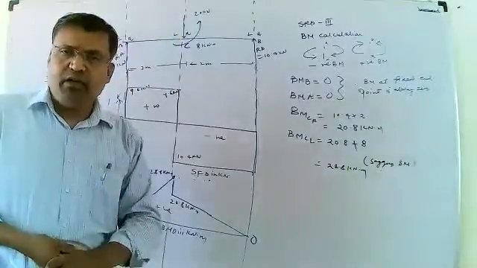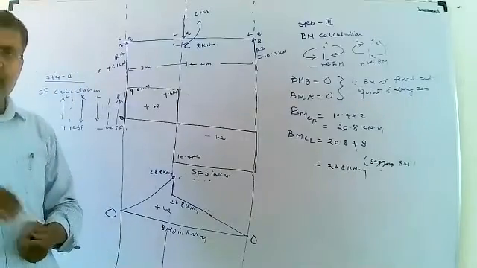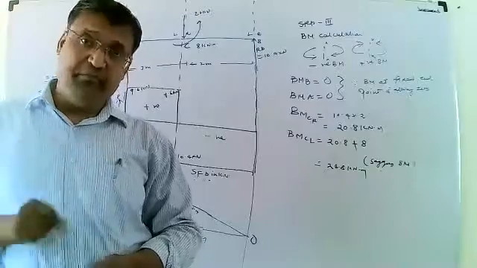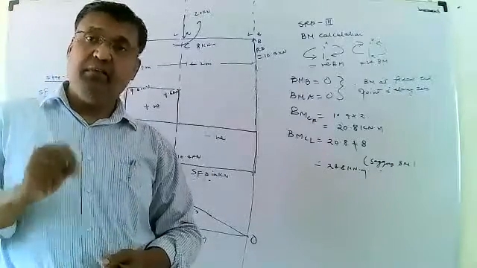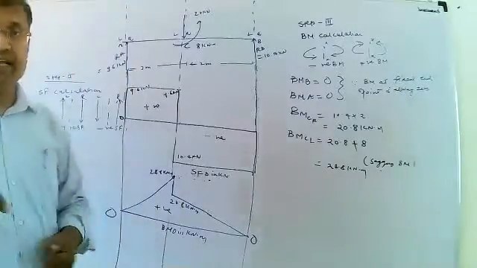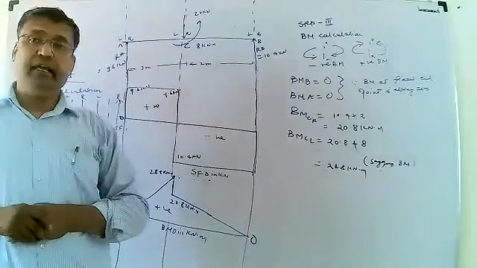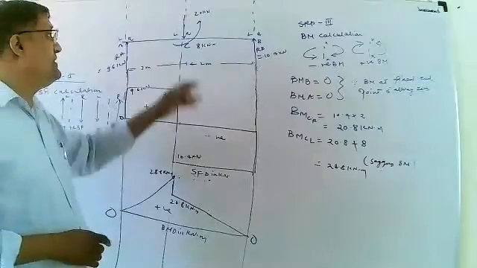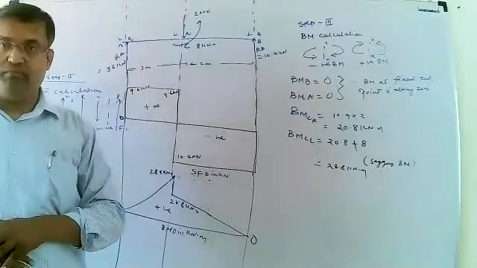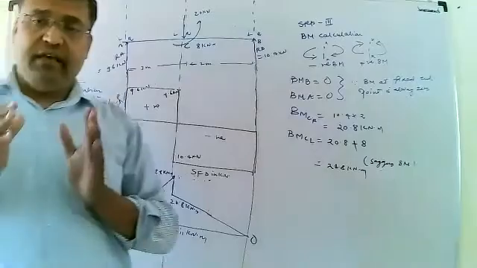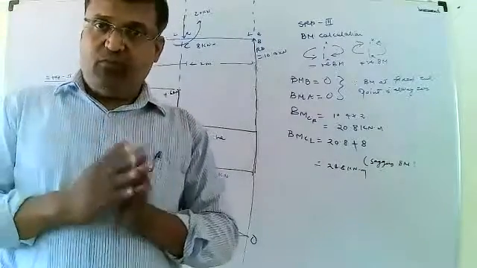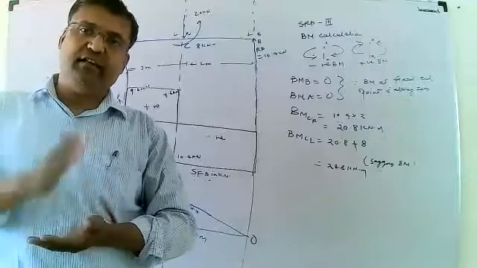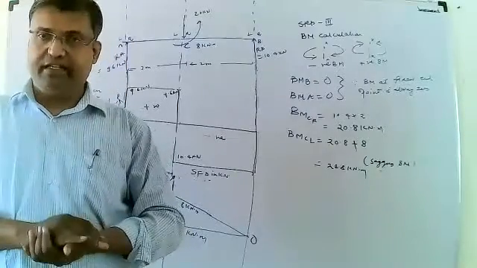Okay, it doesn't matter. But remember, if a couple is given, and you want to draw BMD, then in the BM calculation we take that point. It has two sides, left or right side of that point, because at that point the couple is formed. Okay, and if a couple is formed at any point and you want to draw BMD, then that point is considered left side and right side.